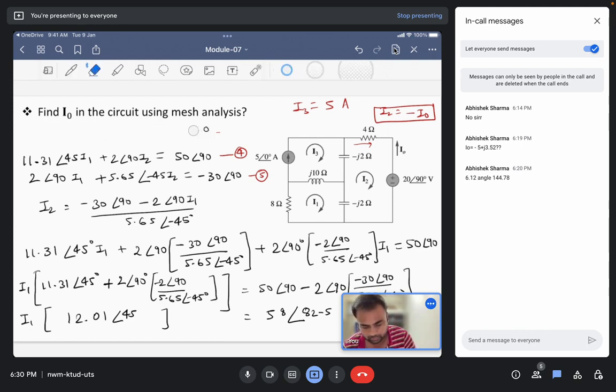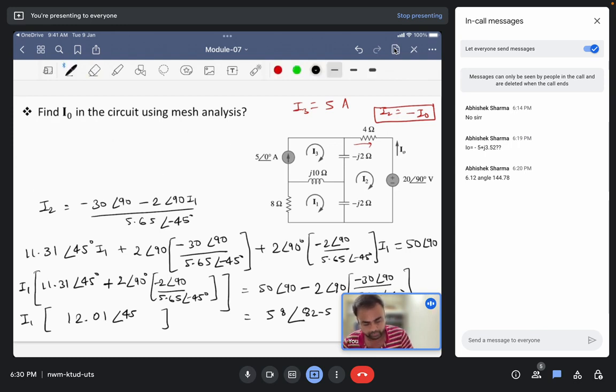So we will find I1. So I1 will be 58.58 and the angle is 82.5 divided by 12.01, angle is 45.